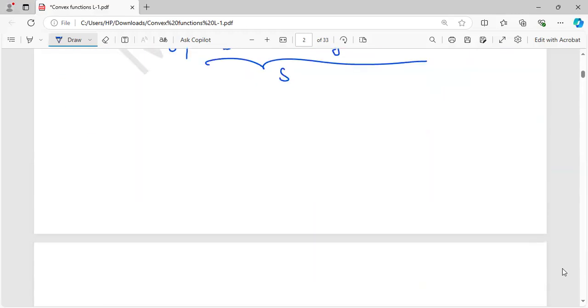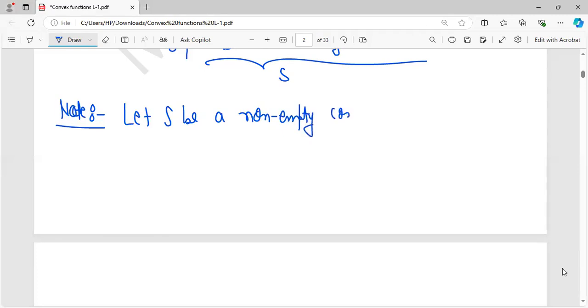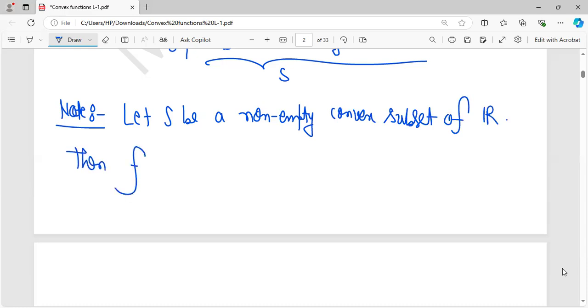Let's see some examples. First of all, observe one thing. Note that let S be a non-empty convex subset of R, and f from S to R be a function.